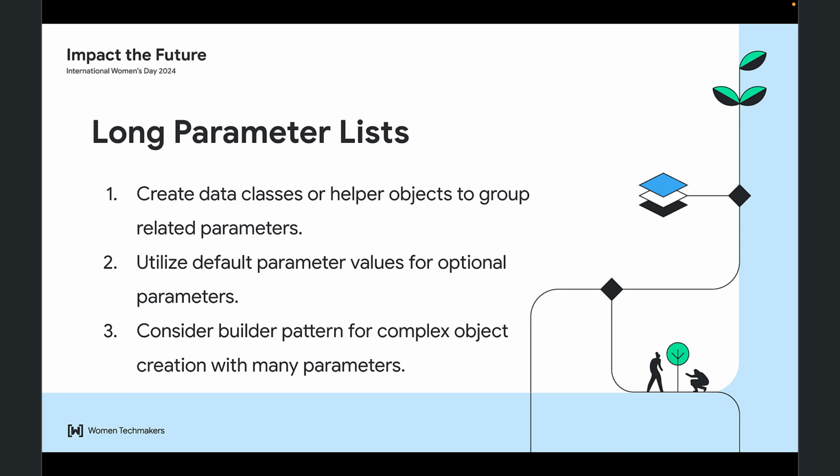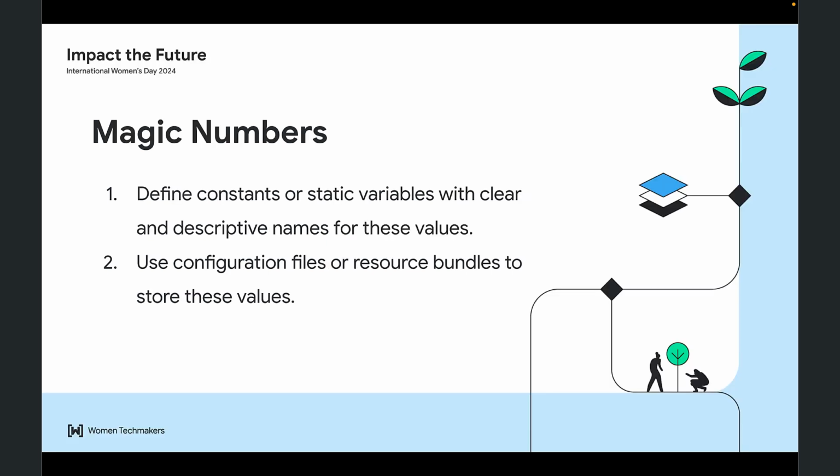And then you can also consider the builder pattern for complex object creation with many parameters, so that you can easily add parameters as you go, right? So you can do user dot username dot user age, right? So you don't need to call the whole 15. You can just call and initialize what concerns you or what you would want to update in your code base.